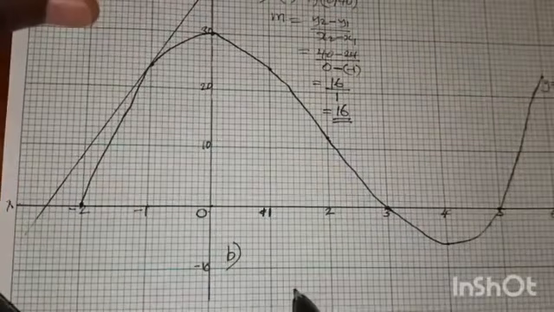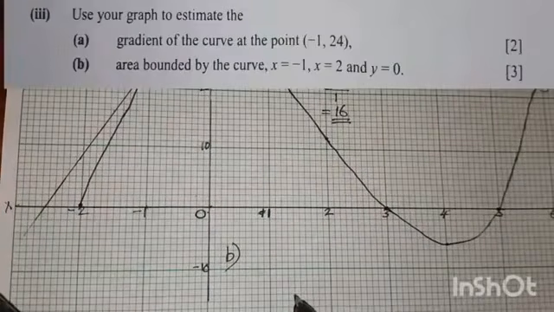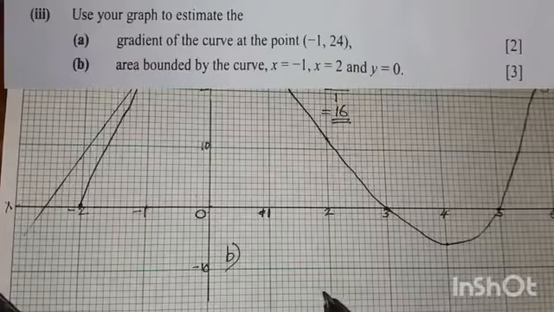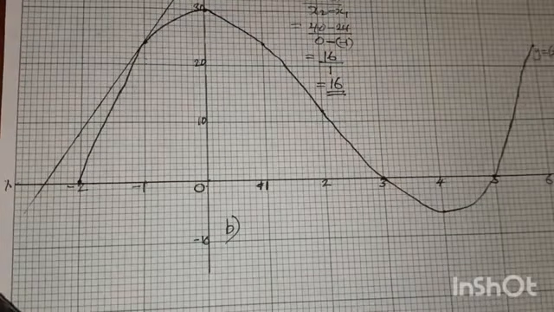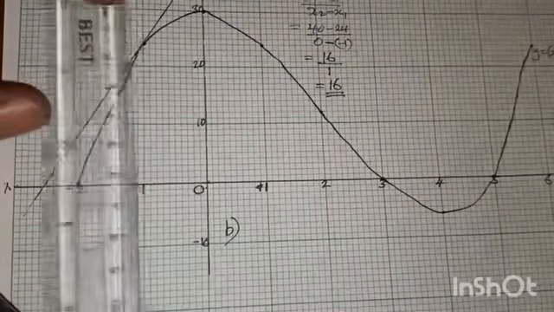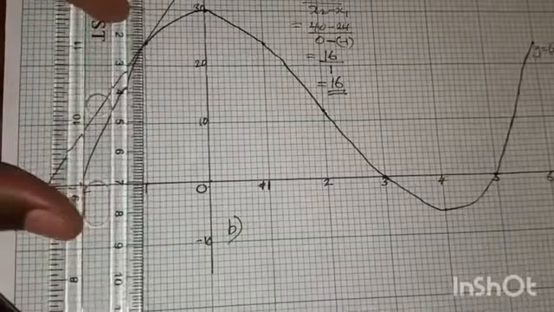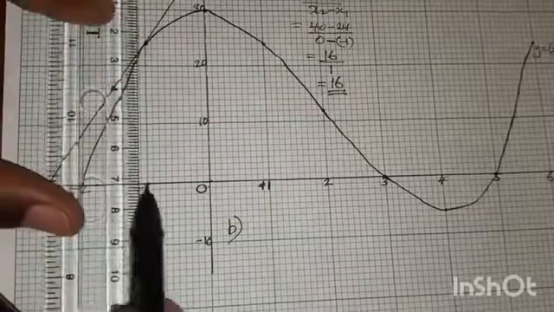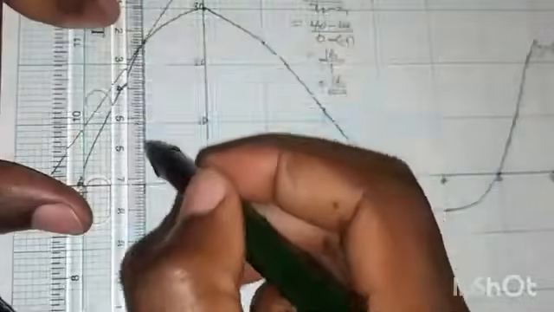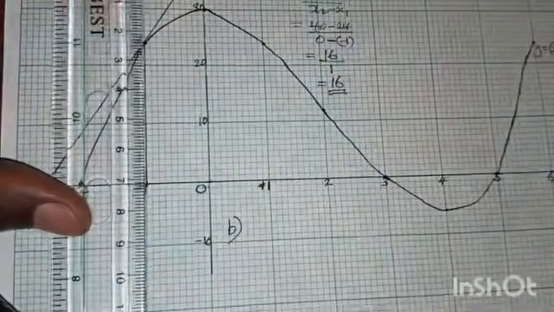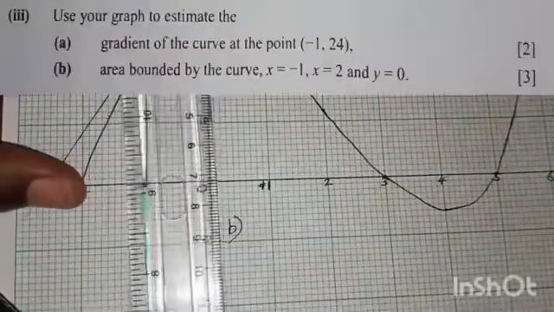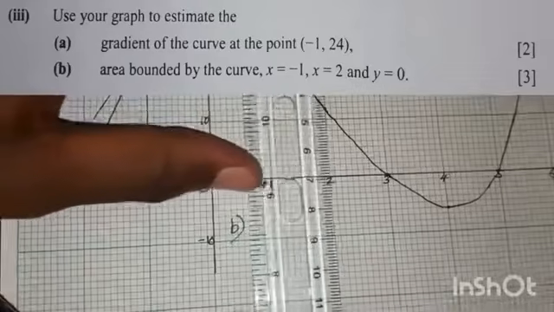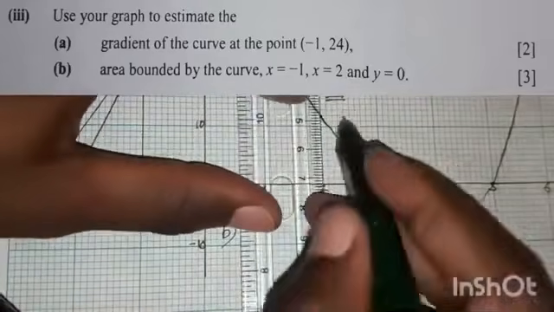At B, they are saying, use your graph to estimate the area bounded by the curve at x is equal to negative 1. So they want you to estimate the area bounded by the curve at x is equal to negative 1. Negative 1 is here. Then x is equal to negative 2 is here.